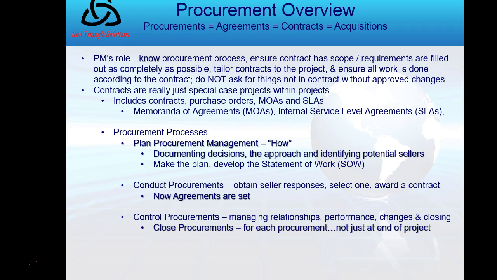Okay? Very important relationship. And we're going to talk about procurement in these 3 processes as we develop and administer agreements such as contracts, MOAs, called Memoranda of Agreement, and SLAs, service level agreements. You all have service level agreements whether you realize it or not. Your cell phone is maybe Motorola or Samsung.